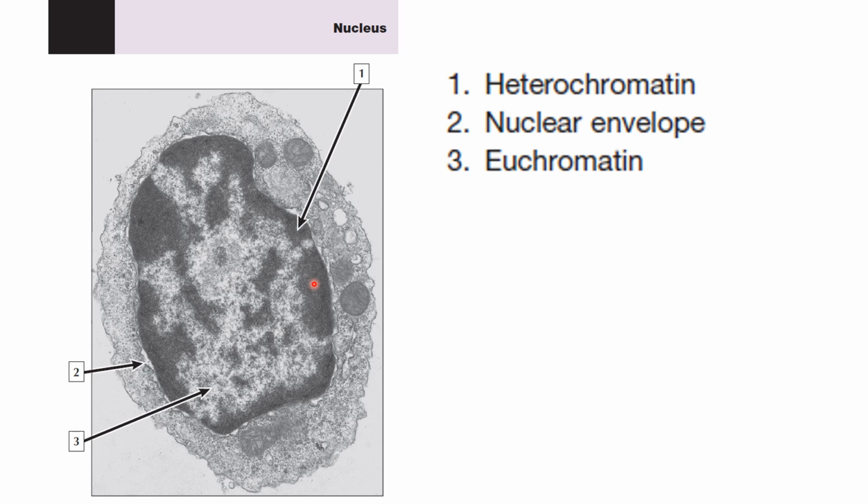Therefore, euchromatin is unpacked, heterochromatin is packed. Histone proteins are involved in the packaging of DNA into heterochromatin. Euchromatin represents unwound DNA in the process of transcription. The proportion of heterochromatin to euchromatin gives an indication of the general activity of the cell.